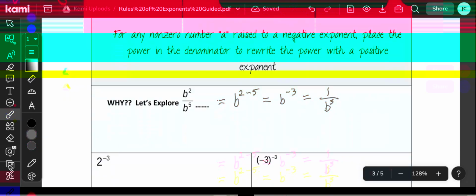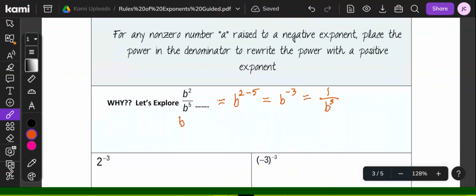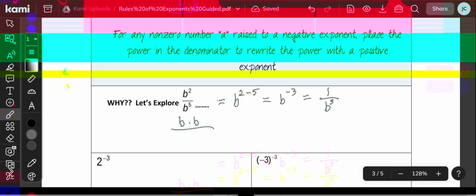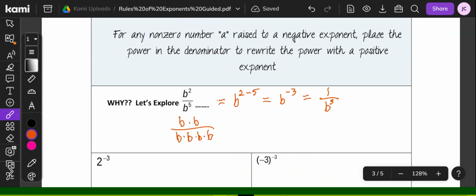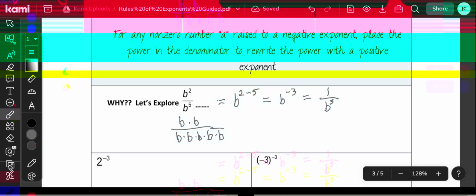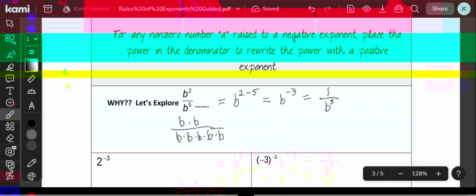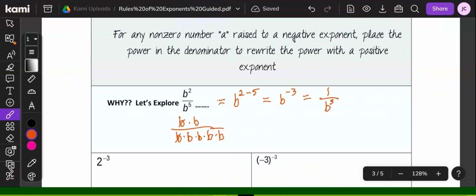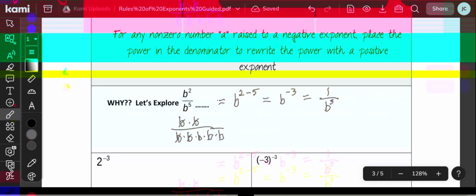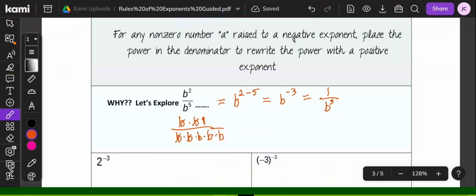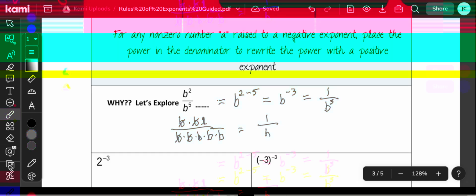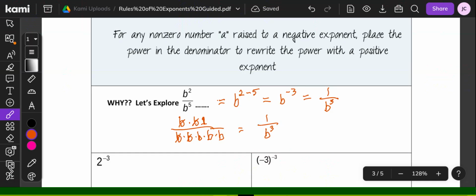Now let's just look at this second. b times b divided by b times b times b times b times b, right? So what do I have then? I've got two sets that turn into 1. b divided by b is 1, b divided by b is 1. I write a 1 up here, you can't just have a 0. And so this is 1, and there's 3 b's. That's 1 over b cubed.